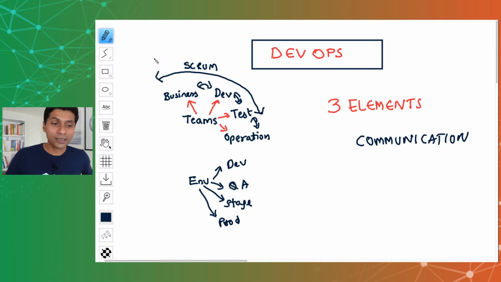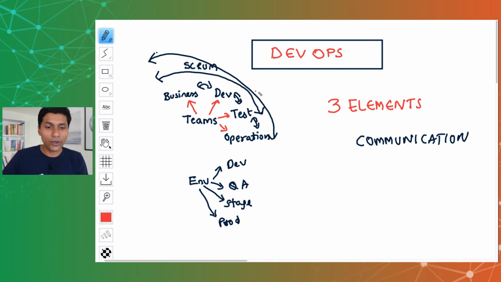And with DevOps, the question is, why do we leave operations aside, right? The ops team plays a very critical role. Whatever happens in operations helps you in deciding what to do next with your applications. The feedback from the operations team is very important for the business team, the dev team, and the test team as well. So why leave it out? Why not include it as well? That's the step which DevOps takes.